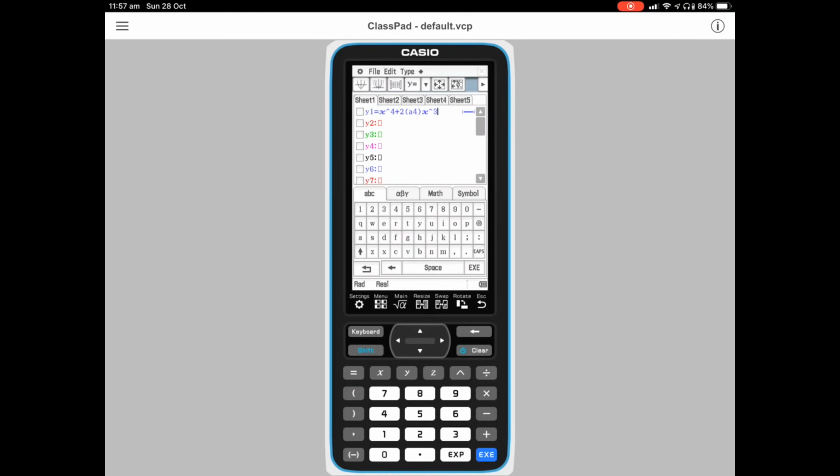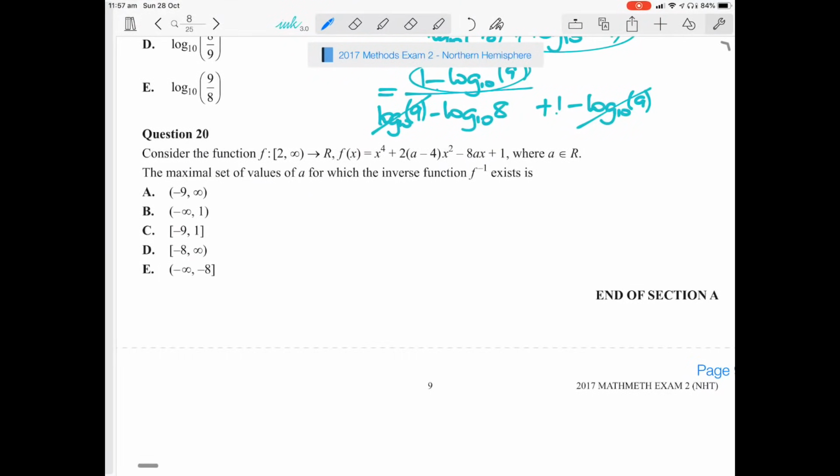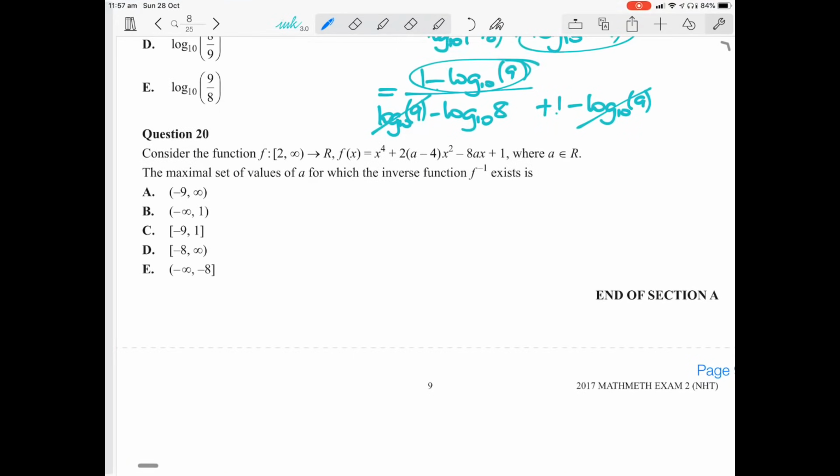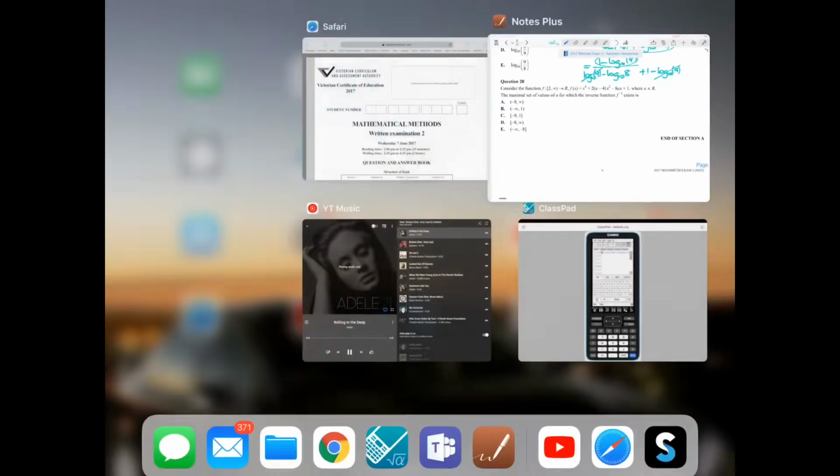Let's try. Minus 4 times, let's hope that's right, x squared minus 8ax minus 8a times x plus 1.